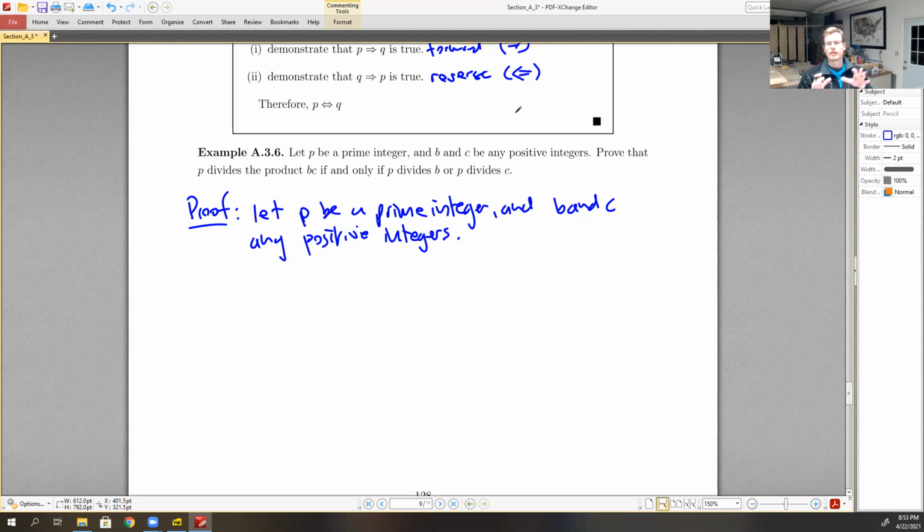Excellent. So that's what we begin with, right? Those are just the setup. Those are some basic assumptions before we get to the actual implication.